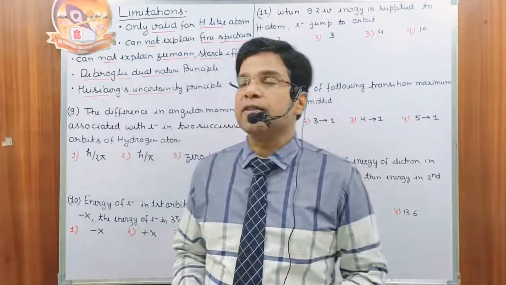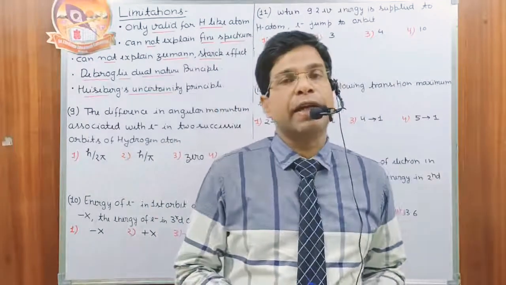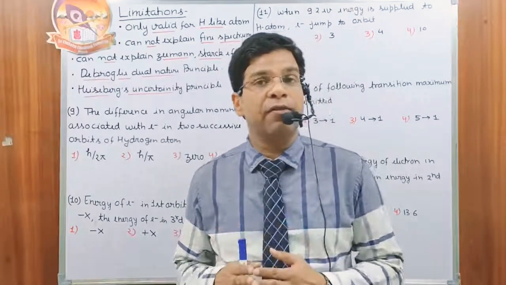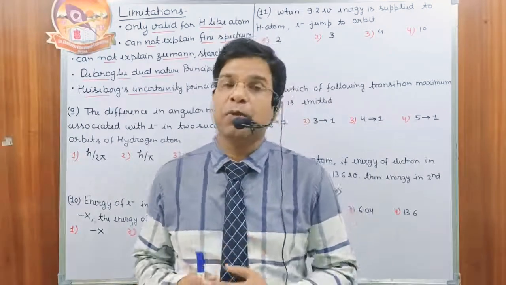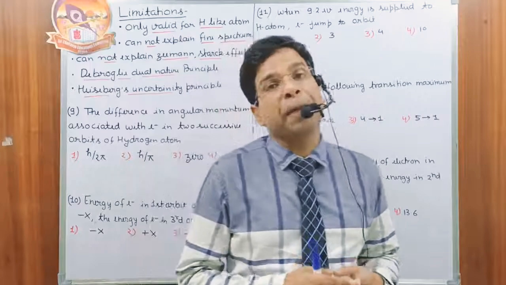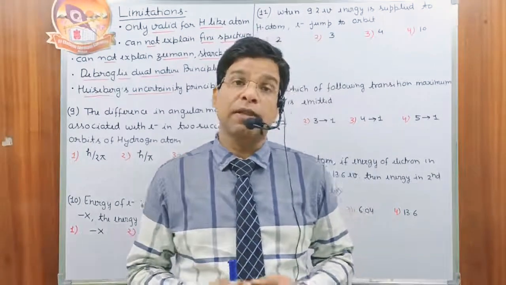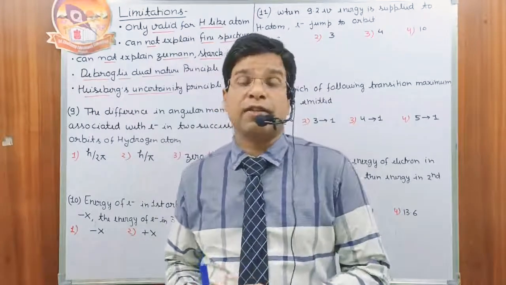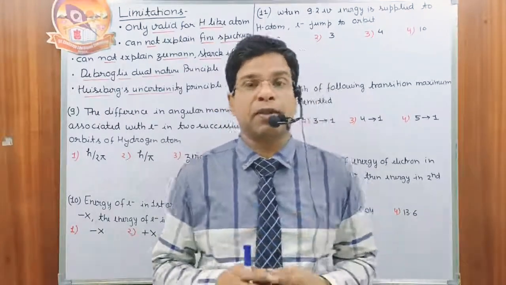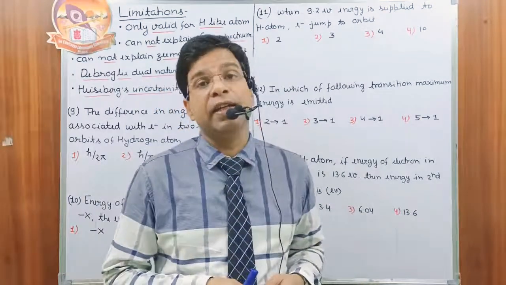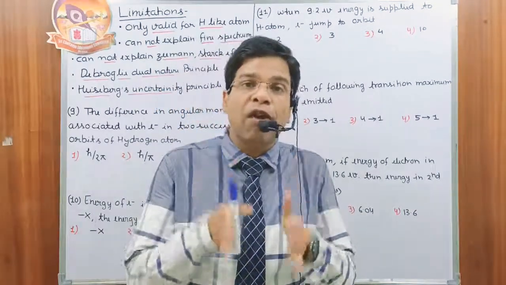Now the next one, you see, it cannot explain the fine spectrum. The lines which we have in the Bohr model are called the main lines or main spectrum. But whenever we observe these lines under the HRS, high resolution spectrometer, then we find that it is not a single line, it is a collection of some fine lines.